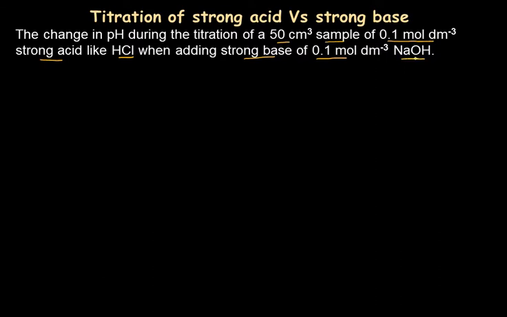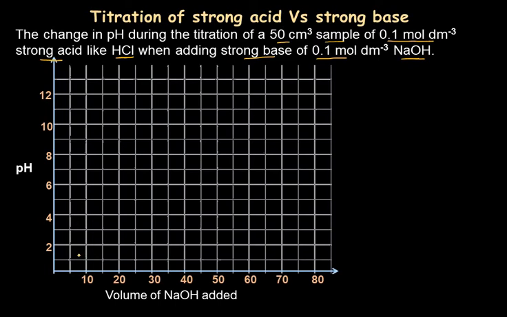As NaOH is a strong base and HCl is also a strong acid, we will see what pH curve is produced during the titration.